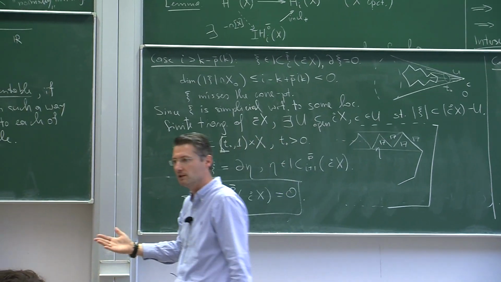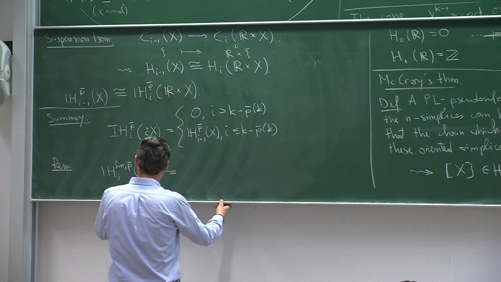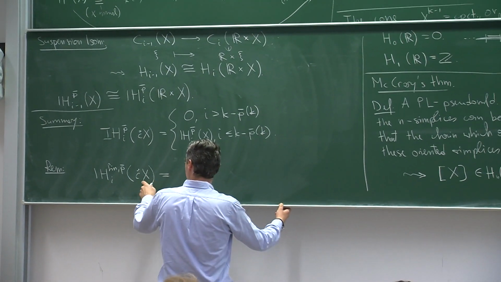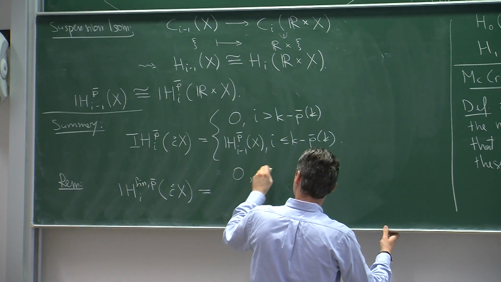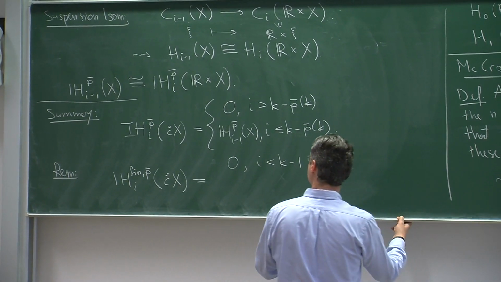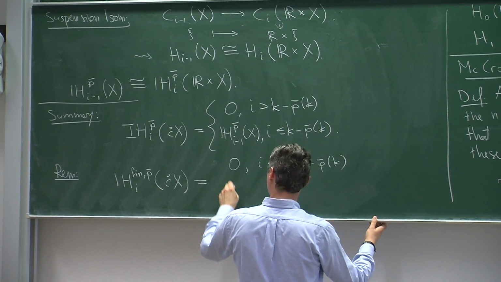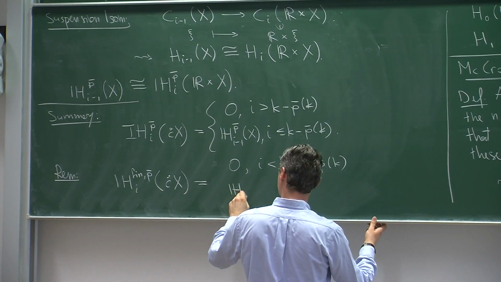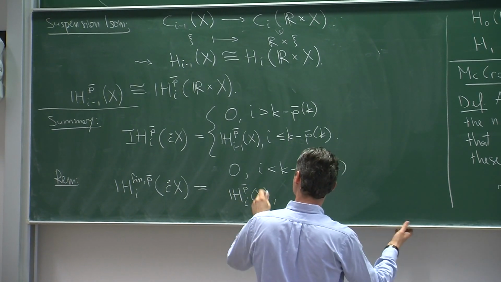So you have to do it differently. But it's not too hard to see with finite chains that what you get is 0 if i is less than, I guess, k minus 1 minus pk. And now there can, of course, not be a degree shift if you use finite chains.